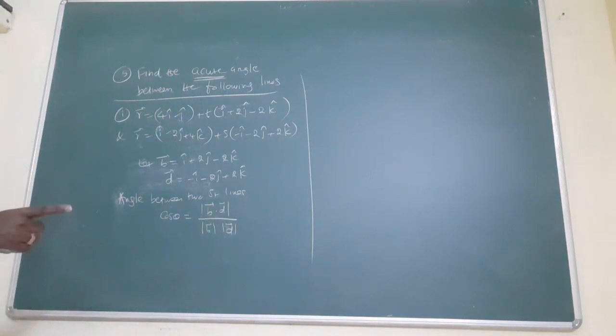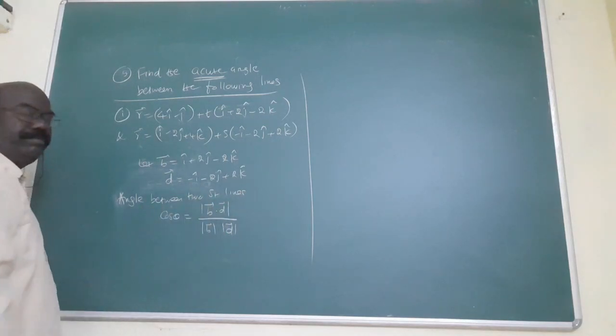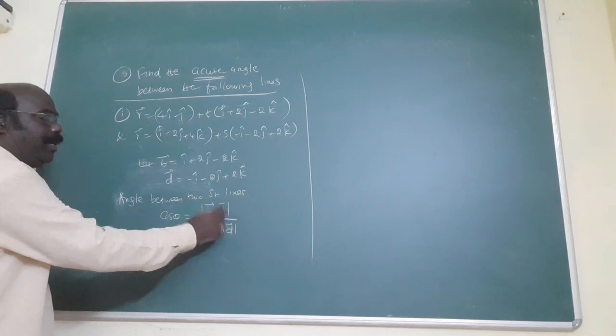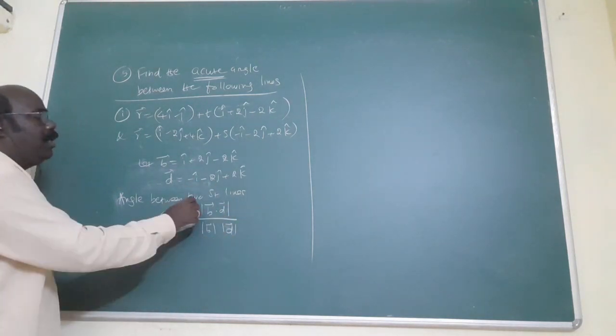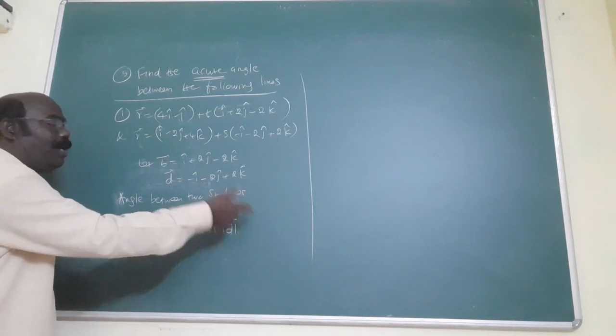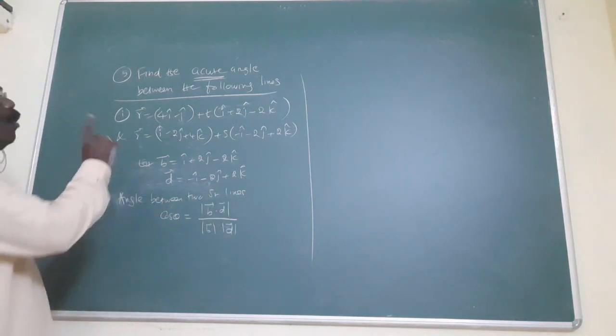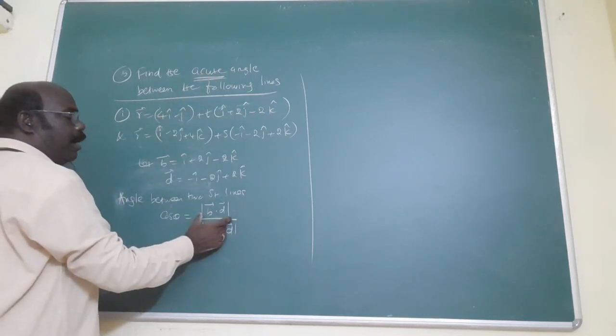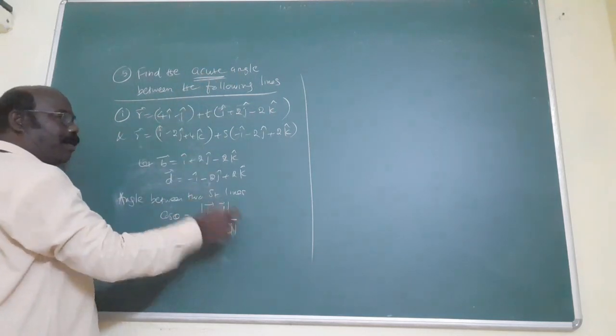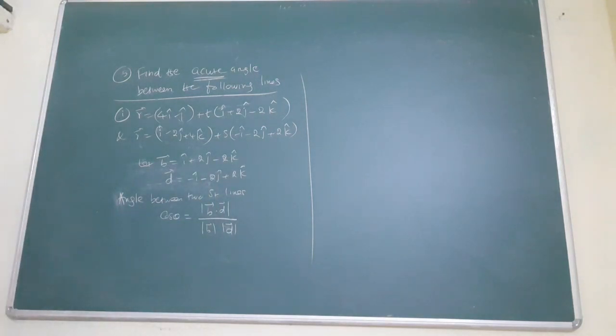Read the question clearly. For the acute angle, put the modulus. After finding B dot D, one number will come. If it is positive, no problem. If negative, with the modulus you consider only positive. If only the angle between is asked, you need not put the modulus; whether negative or positive, that is the answer.